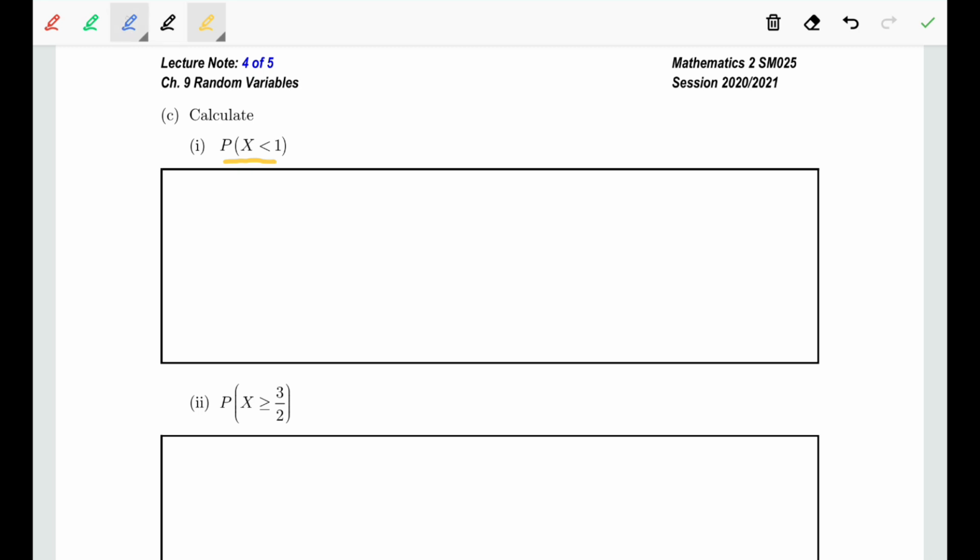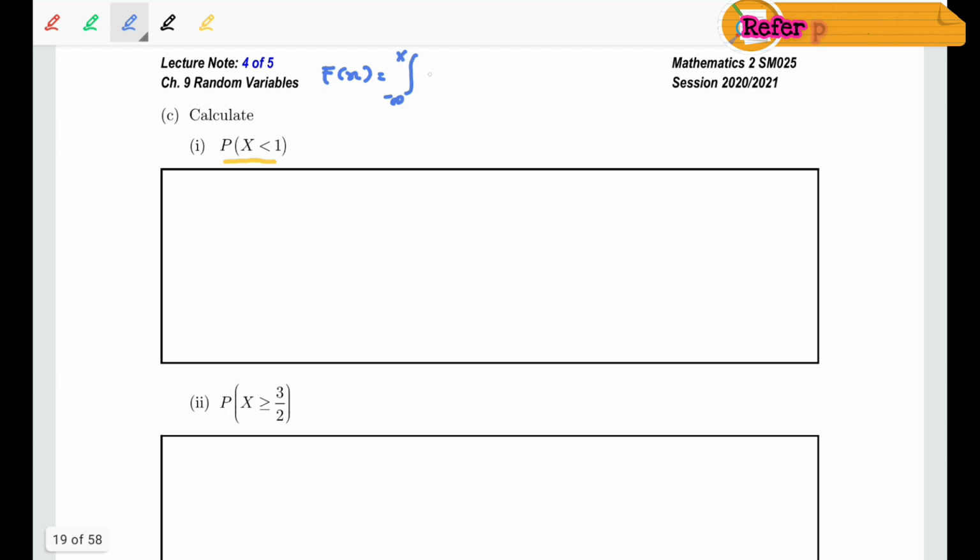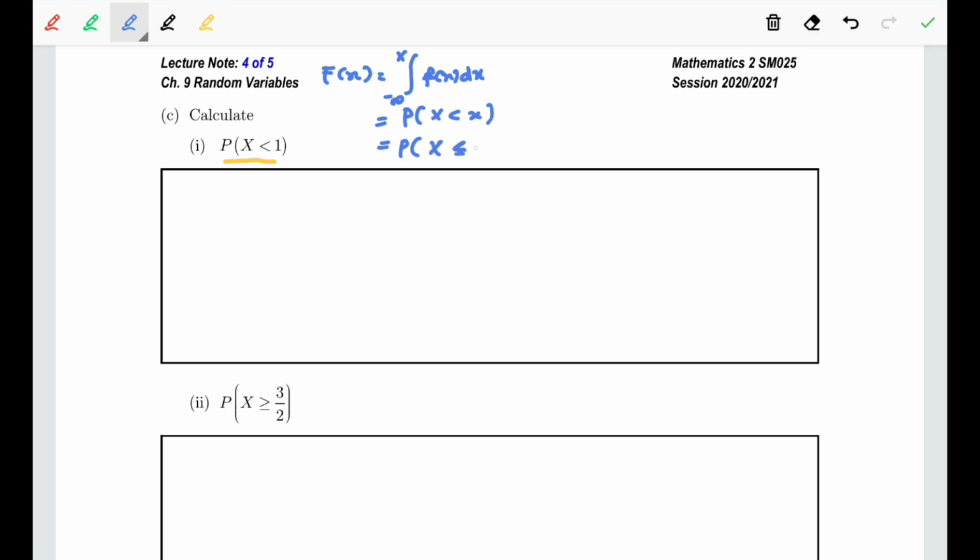So when it comes to a continuous random variable, you have to know that the capital F of x, which is the CDF, is equal to the integration from negative infinity to x of the function fx dx, which is equivalent also to the probability of X less than or equal to x.